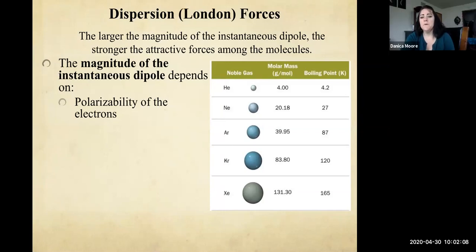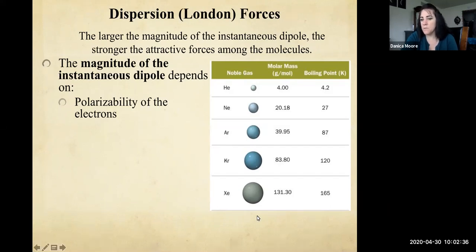Okay. So when you're talking about the strength of these instantaneous dipoles, or the strength of the dispersion forces that are involved between particles, the bigger the molecule is, or the bigger the atom is, the more polarizable the electrons, which is a fancy way of saying that the electrons are basically more free out here.